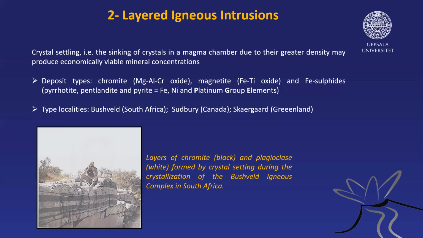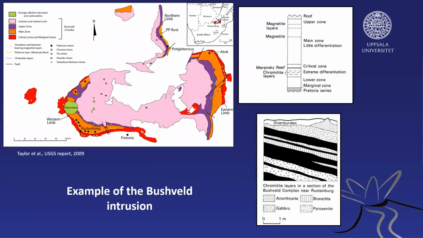About type localities, I mentioned already Bushveld. You have the same kind of layered intrusion in Sudbury, also in Greenland, Skagerrak. You have to keep in mind, we are talking about huge magmatic bodies. And I will give you the example of the Bushveld intrusion.